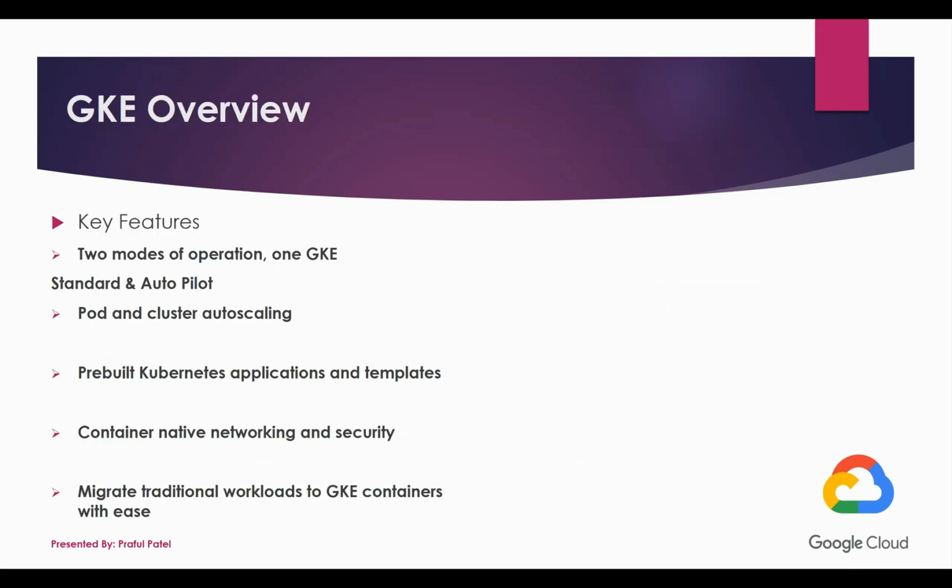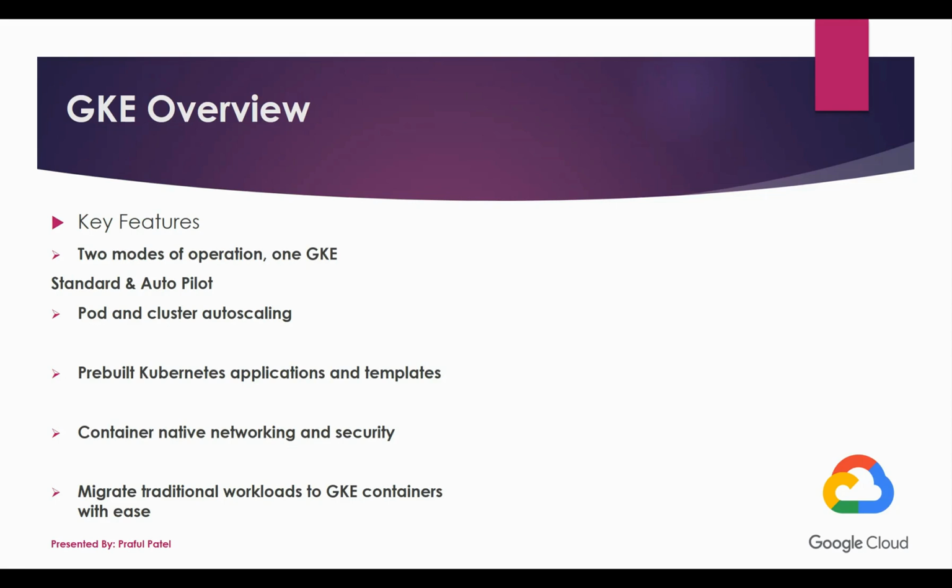GKE overview: GKE, the Google Kubernetes Engine, is a managed orchestration tool from Google, and it is very powerful as it provides many features. Some key features I have tried to mention here. It provides Autopilot and Standard, those two kinds of modes right now. We'll be utilizing Autopilot in this session because we don't need to manage any networking or other services.